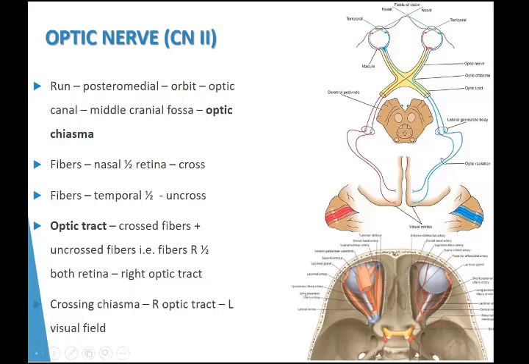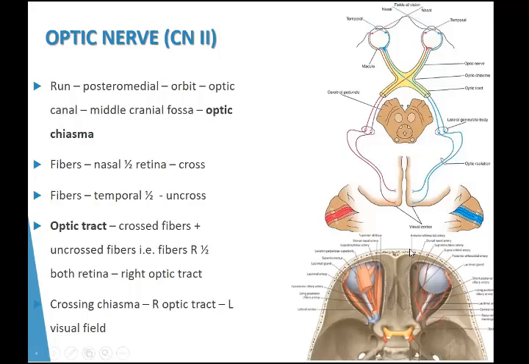ये middle cranial fossa start हो गया। In the middle cranial fossa, as soon as they come out of the optic canals, they cross over. ठीक है? Crossing over of the two optic nerves makes the optic chiasma. This is what they do. As soon as they come out of the optic canal, the two nerves cross over and they form the optic chiasma.